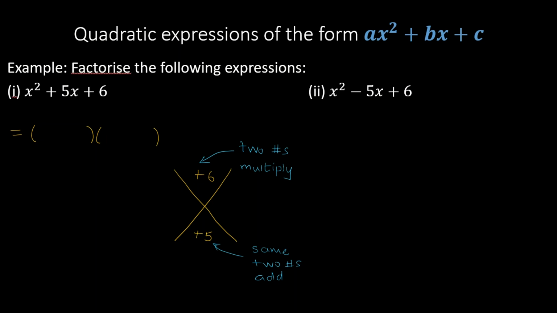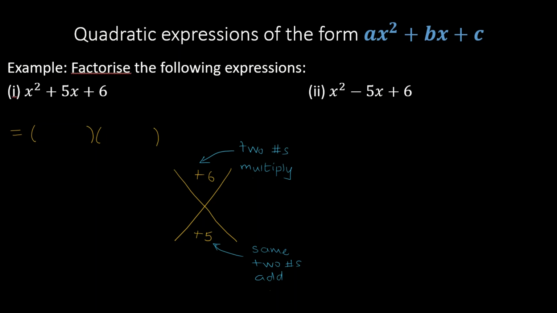What are these numbers? I repeat, we are looking for two numbers which, when we multiply, give positive 6, and the same two numbers which, when we add, give positive 5. What are these two numbers?